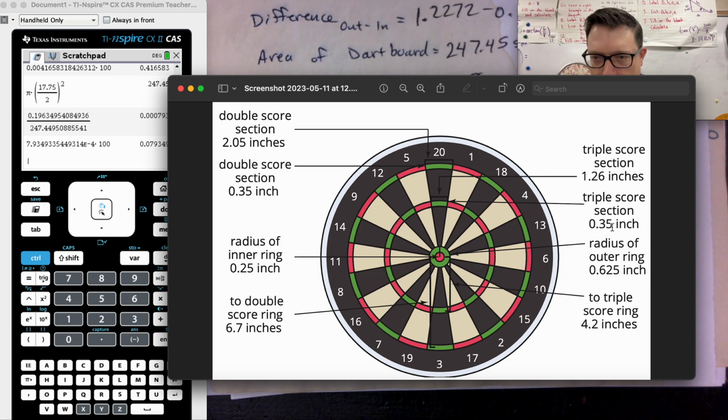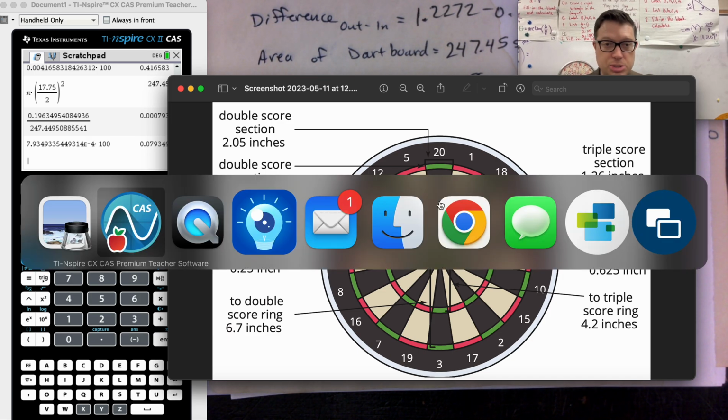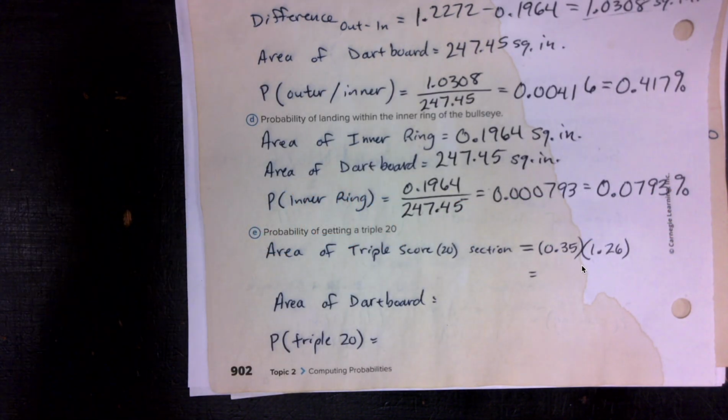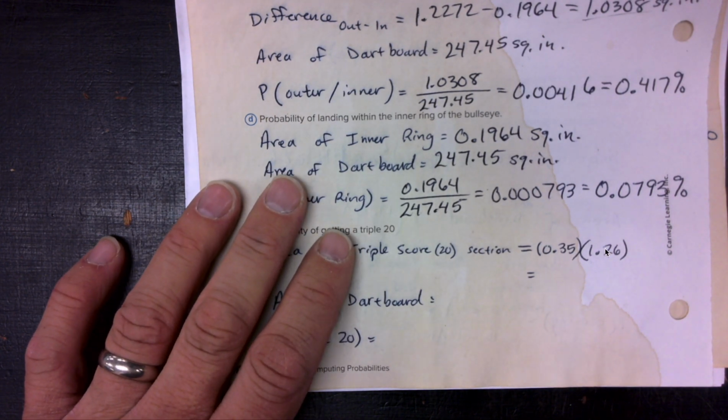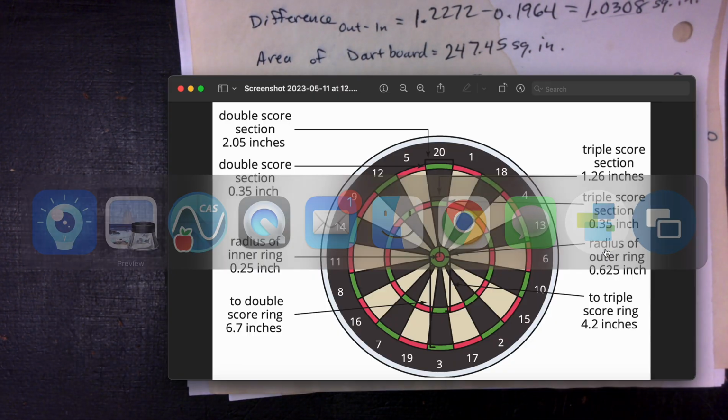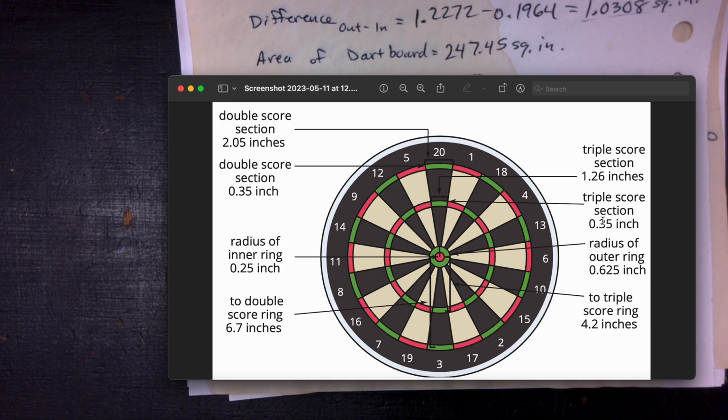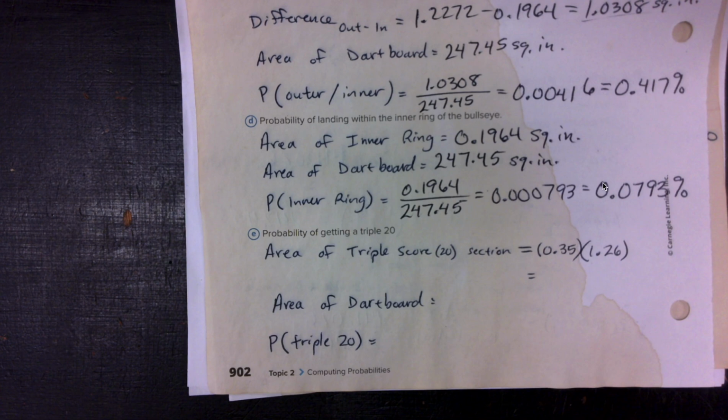We're talking about such a small number of inches anyway, that it's 0.35 inches tall, and across this diameter right here, the triple score section is 1.26 inches wide. So we're just going to multiply those two numbers together. That's all that's happening. The height times the width. And the height and the width came from this height and this width, if you can see my cursor on the picture.